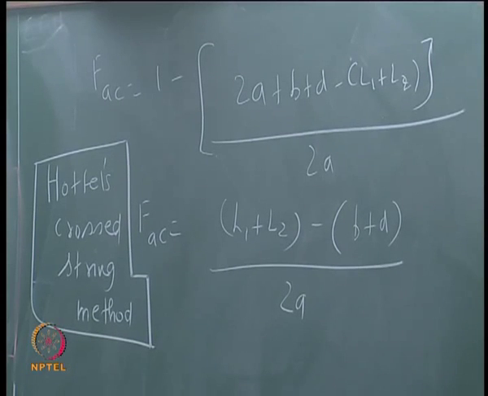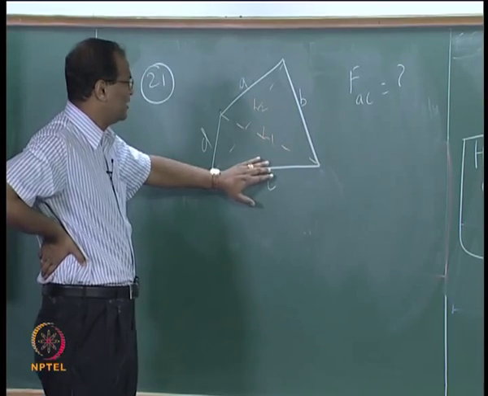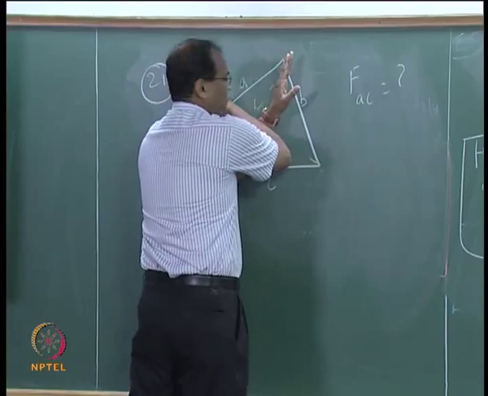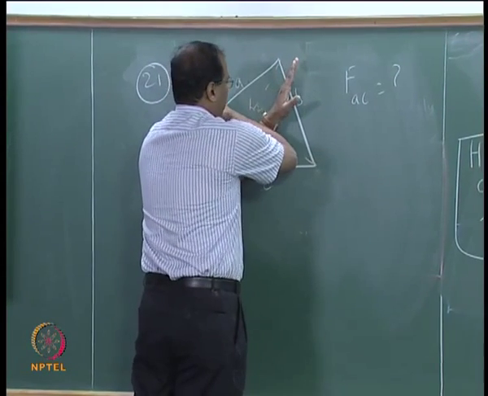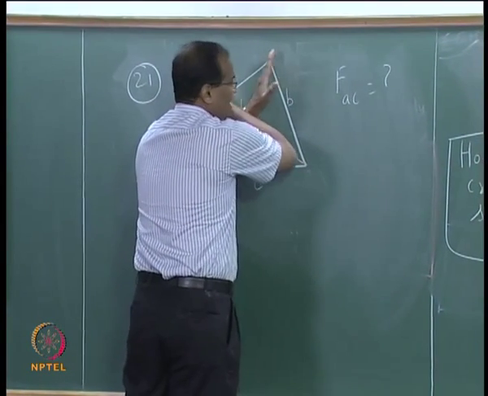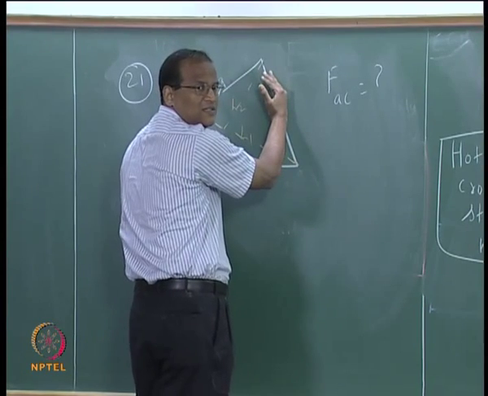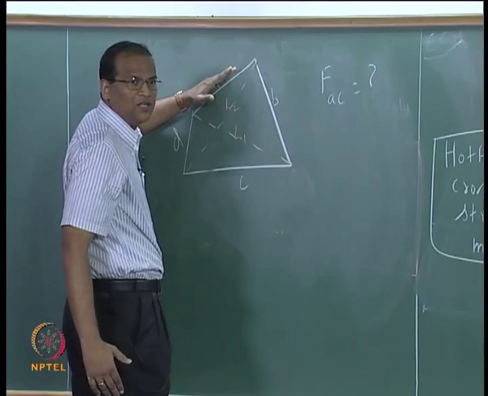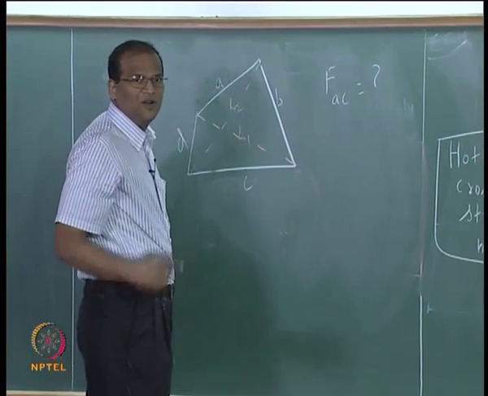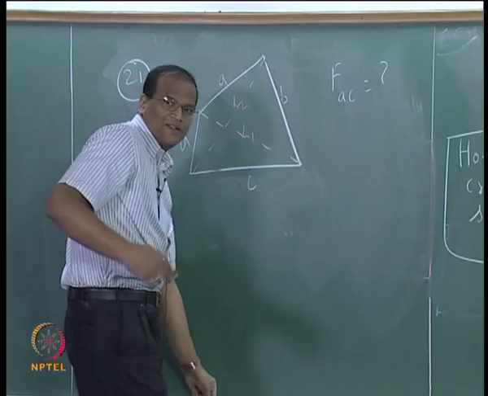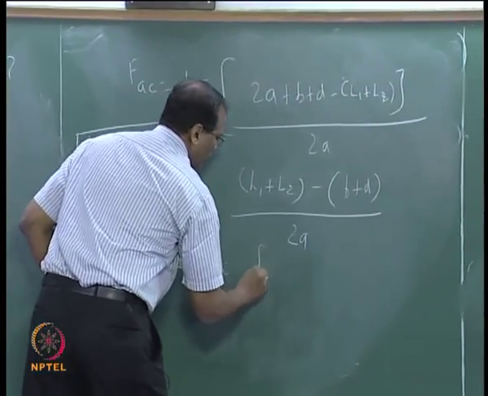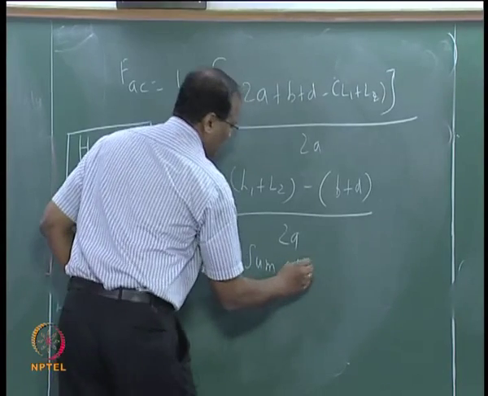If you have two surfaces like this in a quadrilateral enclosure, the view factor between the two surfaces is equal to the sum of the crossed strings, that is L1 plus L2, minus the sum of the uncrossed strings, divided by 2 times the line segment. That is why it is called Hottel's crossed string. The string need not be there, it is an imaginary string. So, FAC, sum of crossed strings.